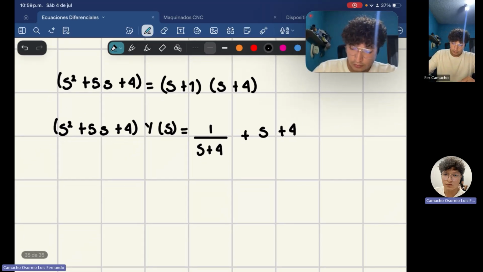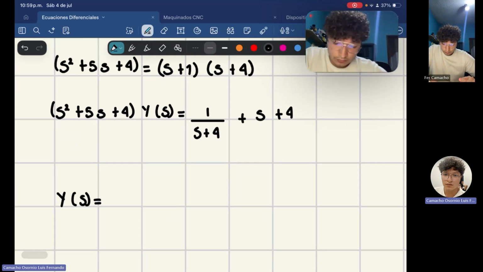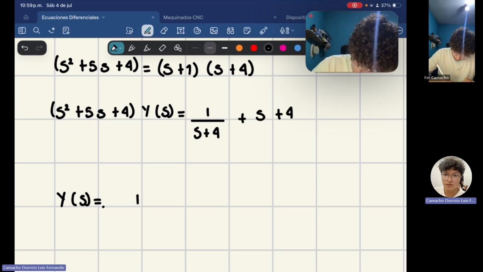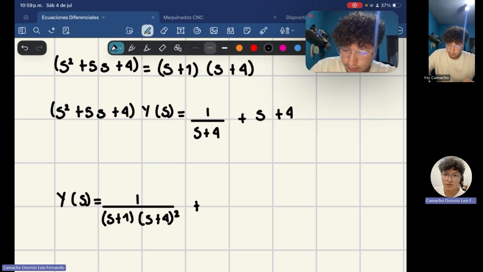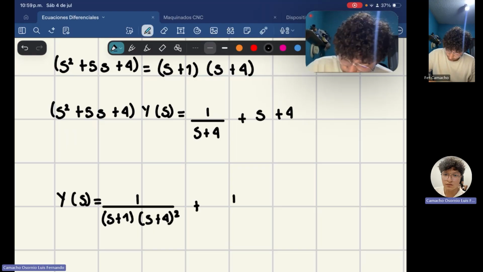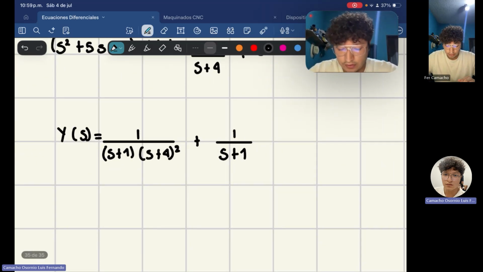Okay, so if we separate this part, we're going to have plus, and we can simplify this and eliminate it with that, so we have this equation.